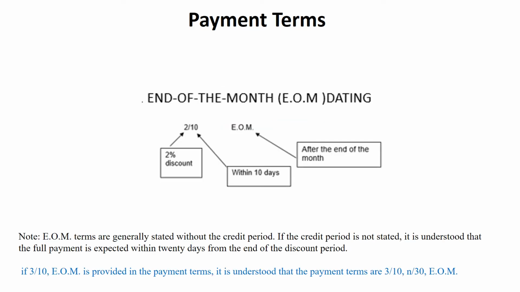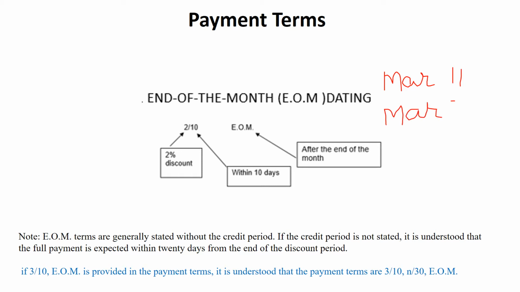Another type of payment term is end of the month dating. Here, whatever the date of the invoice is, we start counting days from the end of the month. For example, let's say the invoice date is March 11, but days will start counting from the end of the month.